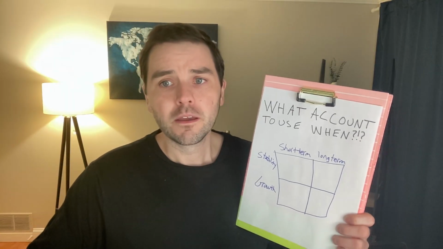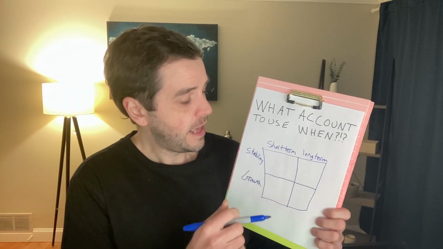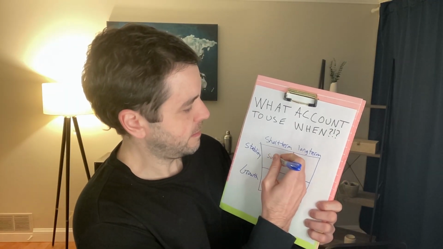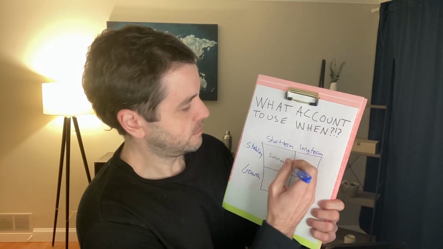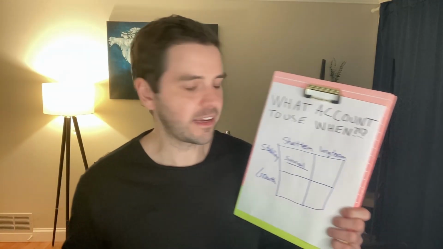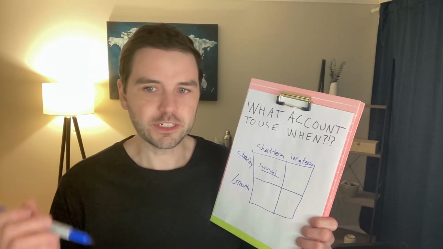So the first quadrant, the short-term stability, we're going to say is survival. This is kind of like survival mode. Again, this isn't a negative thing, but you're in this quadrant if you're living paycheck to paycheck.